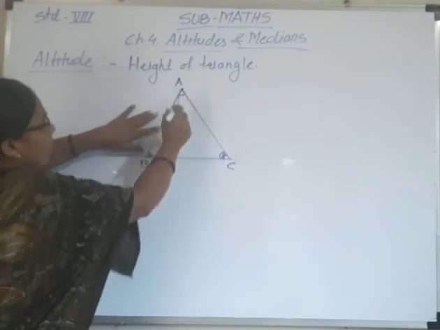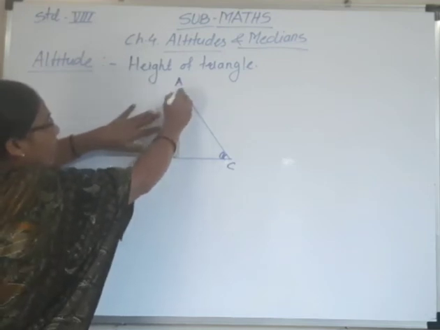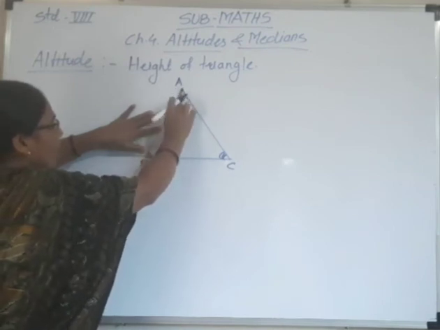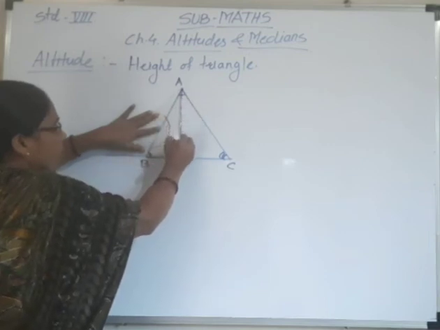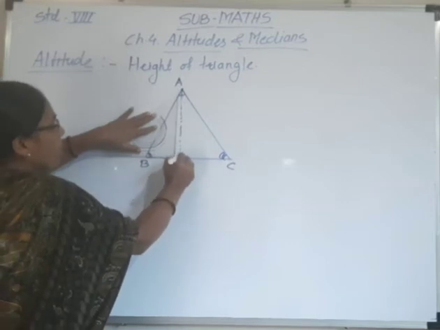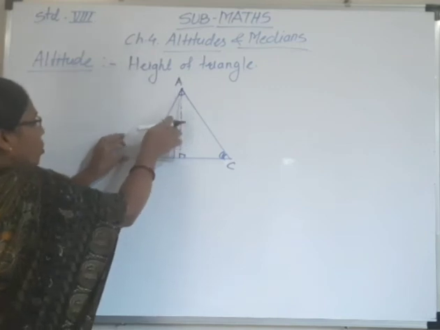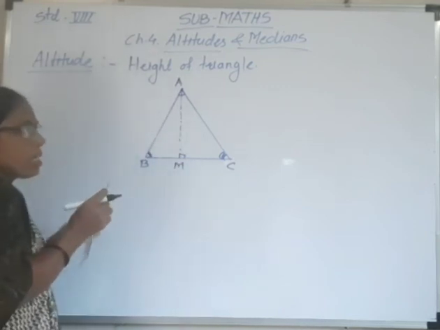Now here it comes till point A, that is the vertex, and we have to draw the line to the opposite point, and here this is perpendicular. So this is AM, called the height of this triangle.